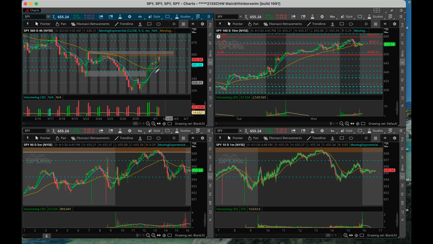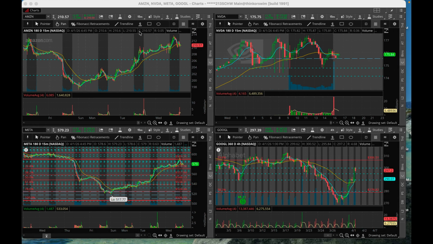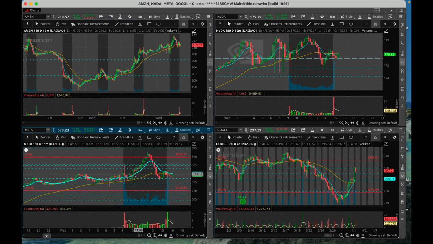So let's take a look at what's happening with Amazon, Nvidia, Meta, Google. After Meta's huge drop, it recovered some of that, and then just pretty much moving up and down. So that's opportunities for traders to make money, honestly, because it's not just moving up and down in a small range. It's having a pretty big move up and a pretty big move down. So similar action on Amazon.